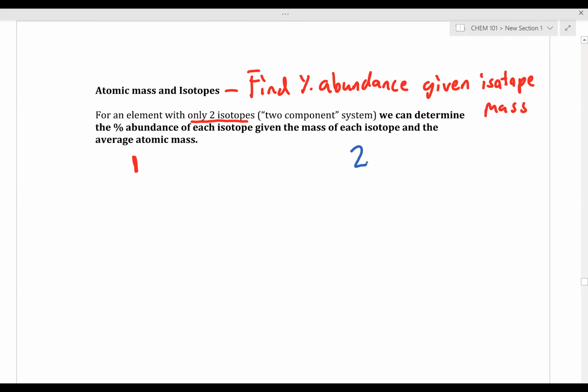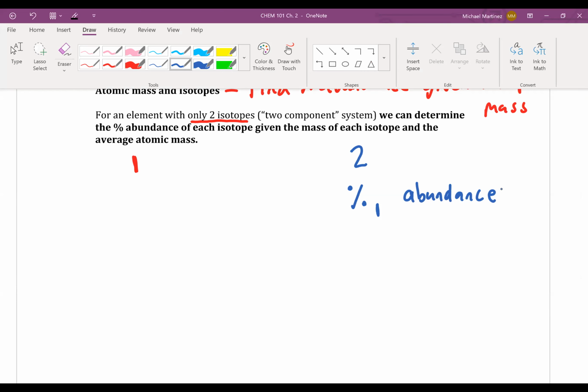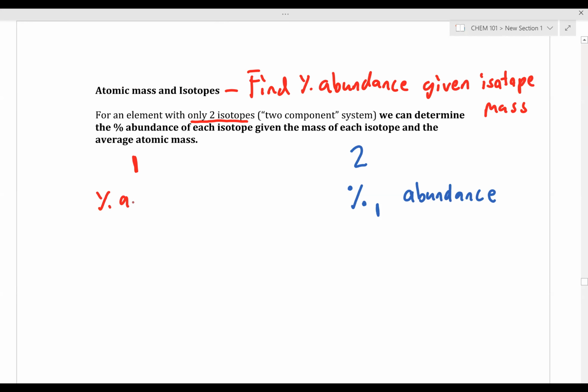Okay, so if we have these 2 isotopes, each of these isotopes has a percent abundance that we'll label percent 1 for isotope 1 and percent 2 for isotope 2.